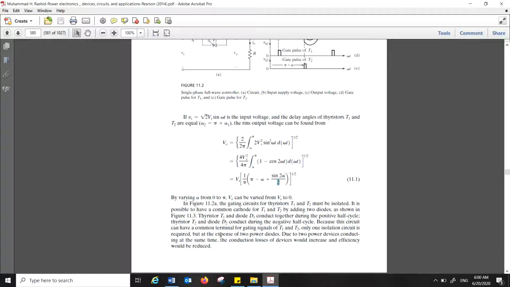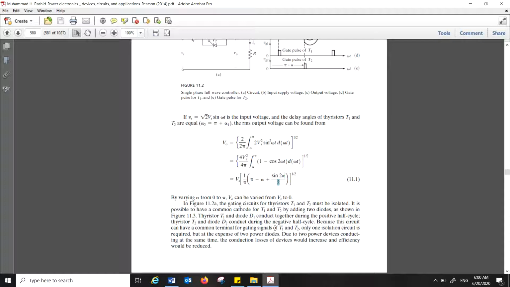Because the circuit has a common terminal for getting the signal of T1 and T2, only one isolation circuit is required, but at the expense of power. Due to two power devices conducting at the same time, the conduction loss would increase and efficiency would be reduced.